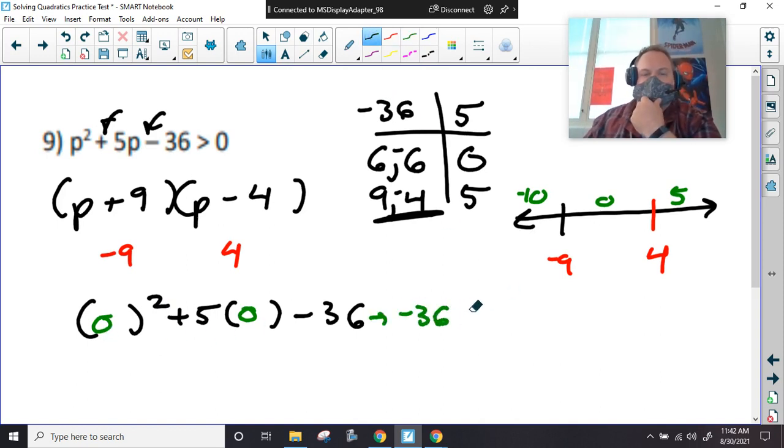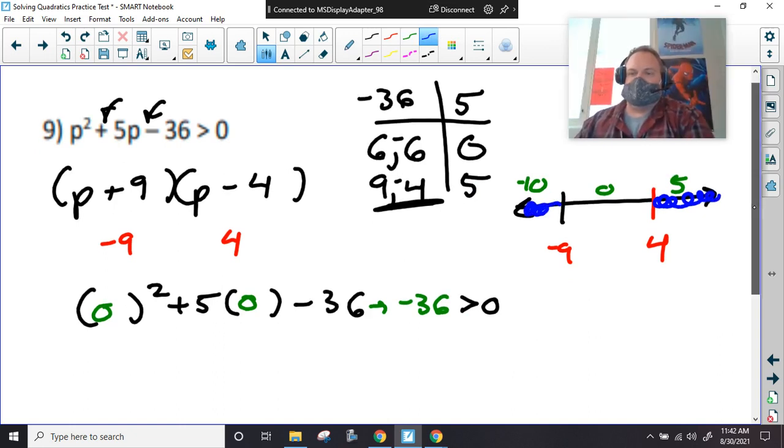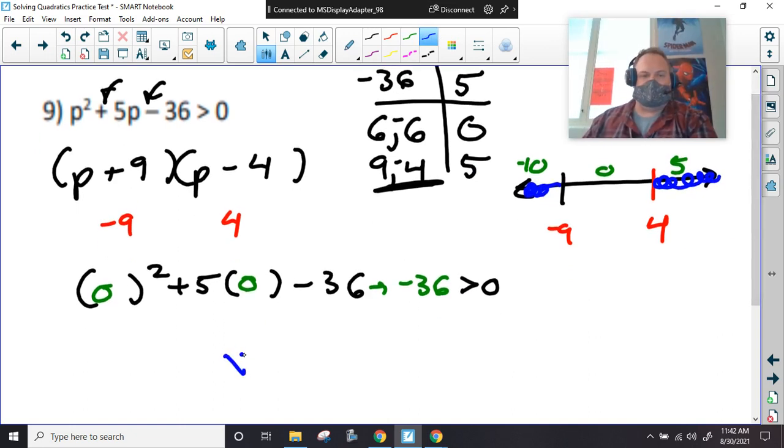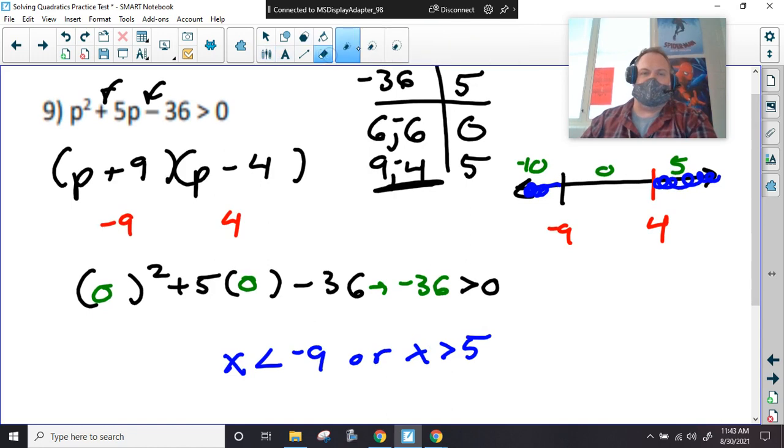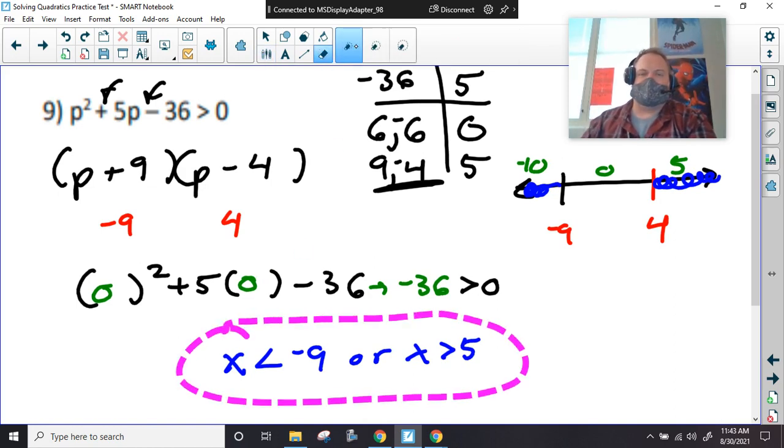Is -36 greater than 0? No. So that means that this region and this region would be our answers. So x has to be less than -9 or x has to be greater than 5. Oh, not 5, 4. Sorry. I still wrote 5. High dollar operation here.